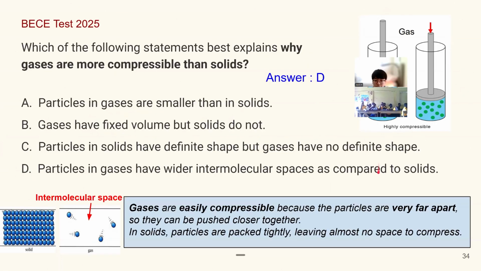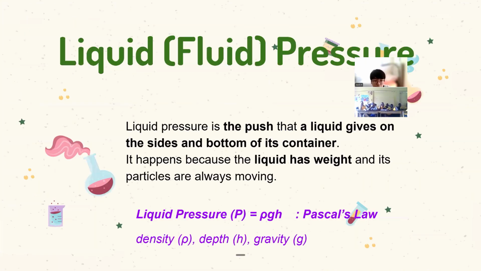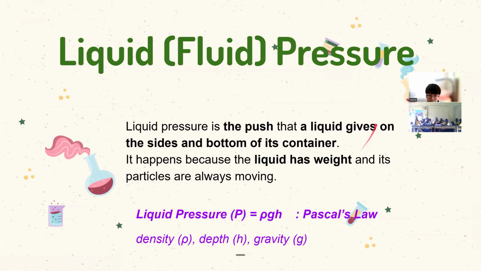So that was about solids, liquids, and gases and some of their properties. And the final chapter that we'll talk about today is about liquid pressure. Actually, there's one more topic of maybe liquid cycle, but we'll talk about liquid pressure first.